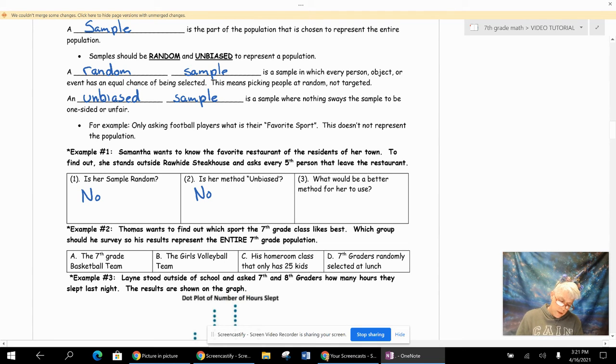What would be a better method for her to use? Well, every fifth person is a good idea, but she needs to go somewhere else. Maybe send out a blast on social media and say, hey everybody, what's your favorite restaurant? So let's just go ahead and do social media. That's random.